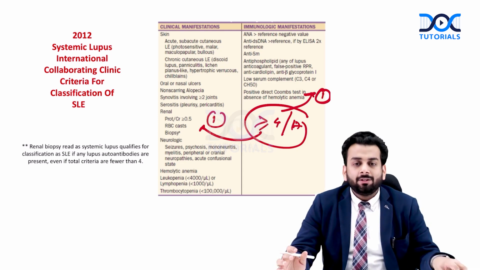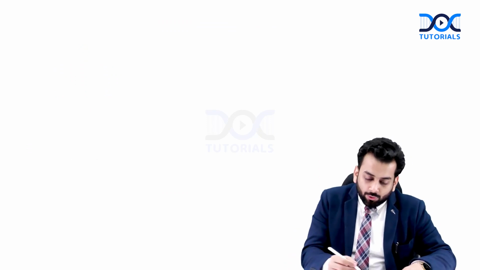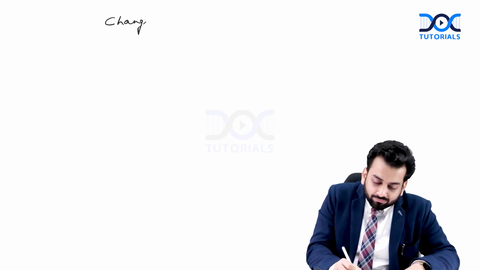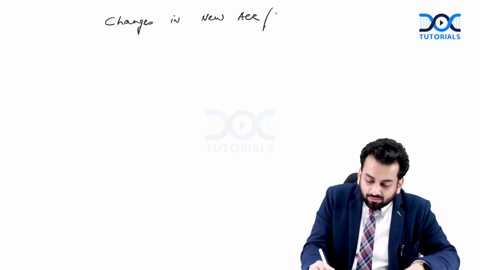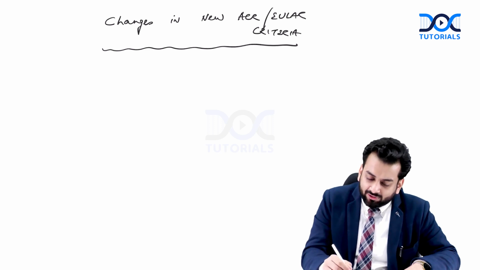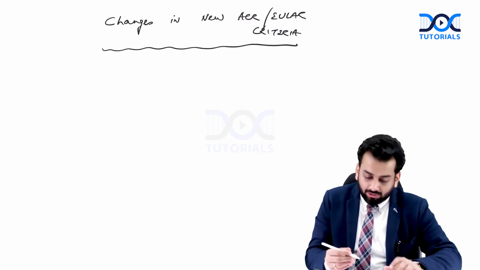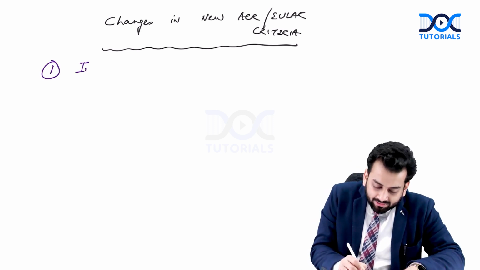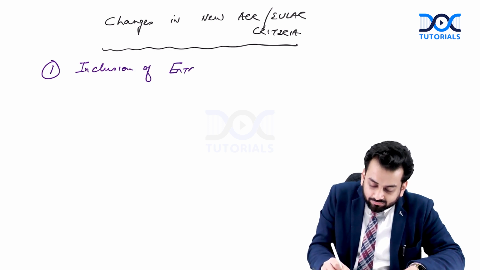Now, the thing to be noted here is, as I mentioned previously, what are the changes in the new ACR Euler criteria? So, we have more or less studied both the criteria separately in a small gist. So what is the take home message? What are the gross changes? Number 1, there is inclusion of an entry criteria which was not there.